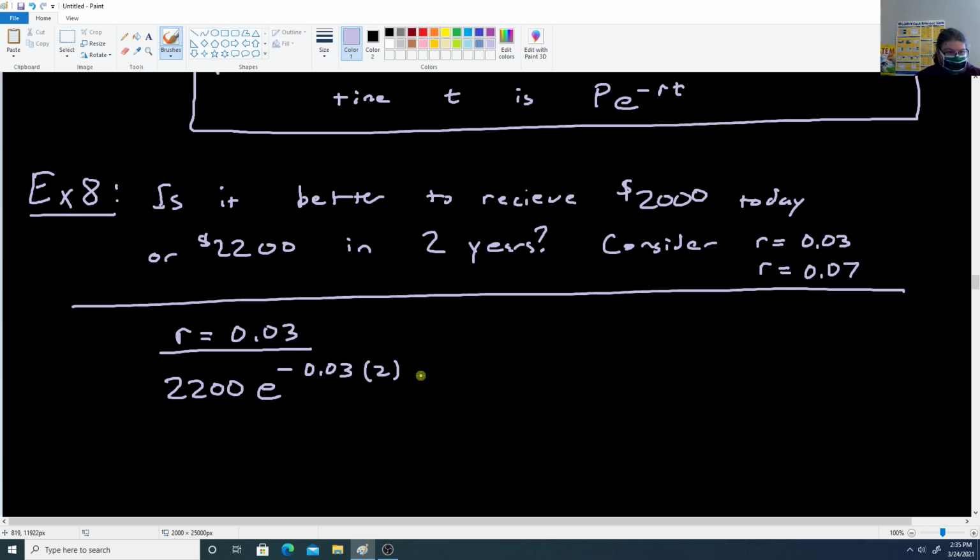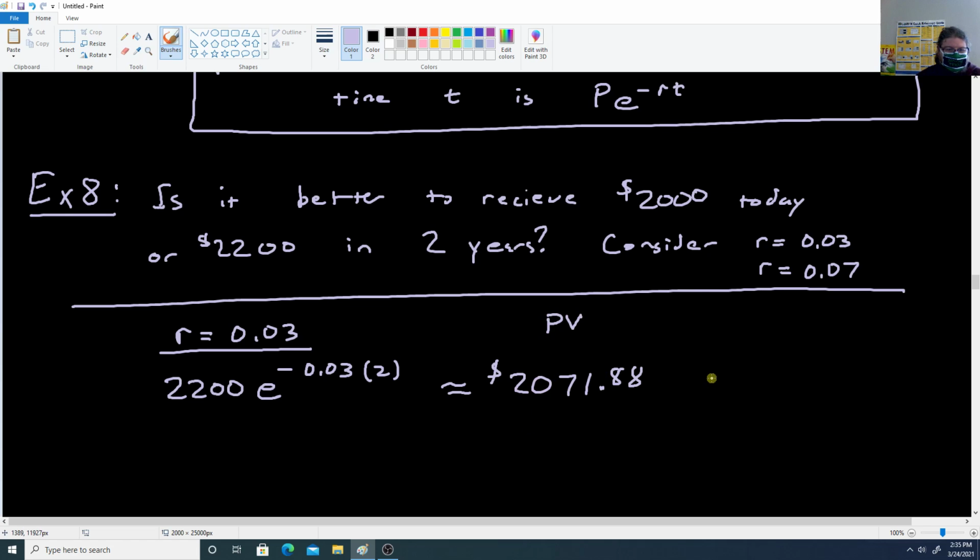So we'll put that in our calculator, because this isn't one you can really do in your head. And we get that this is about equal to $2,071.88.